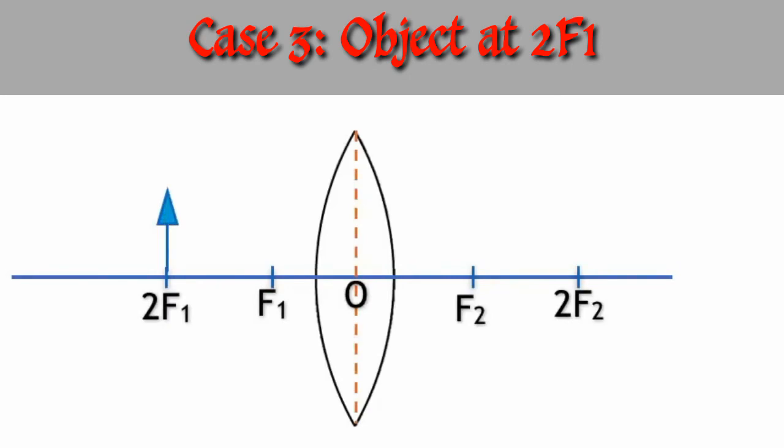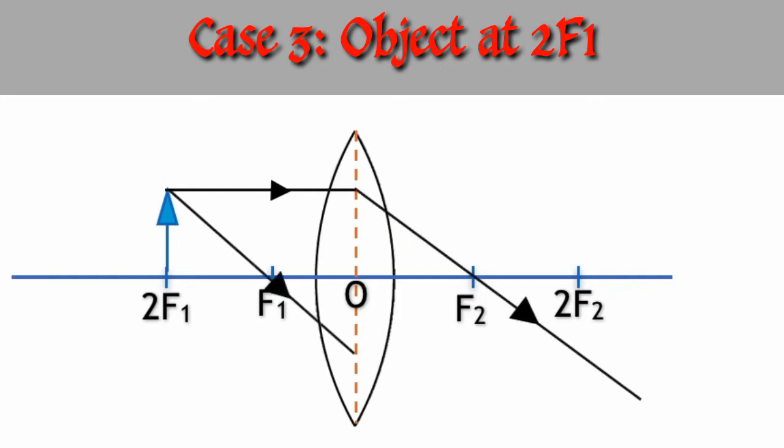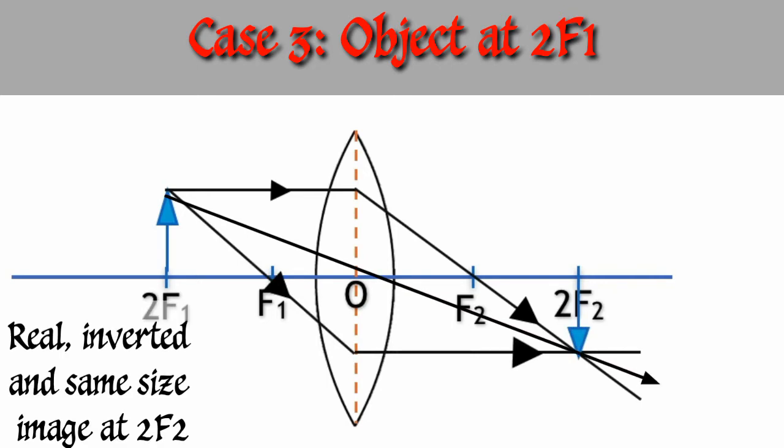Then the third case, when the object is placed at 2f1. We have to consider an object at 2f1, and from the bottom point, the first light ray we can consider parallel to the principal axis. Then after refraction, it passes through the principal focus. Then next we can consider the light ray which is directed towards the optic center. It moves without any deviation.